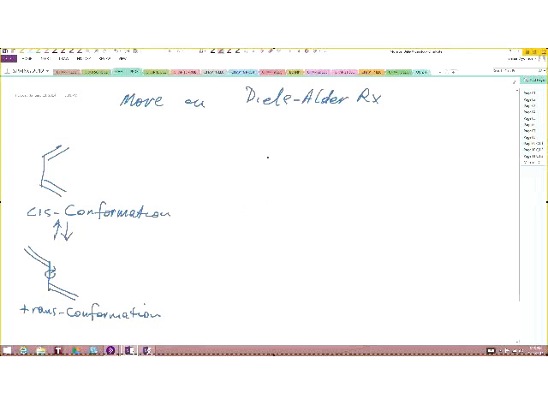Now, on the other hand, supposing we have this, let us call this molecule A. Will molecule A undergo the Diels-Alder reaction? Is it capable of undergoing the Diels-Alder reaction? Yes or no? We told you the Diels-Alder reaction only takes place when the molecule can assume the cis conformation.